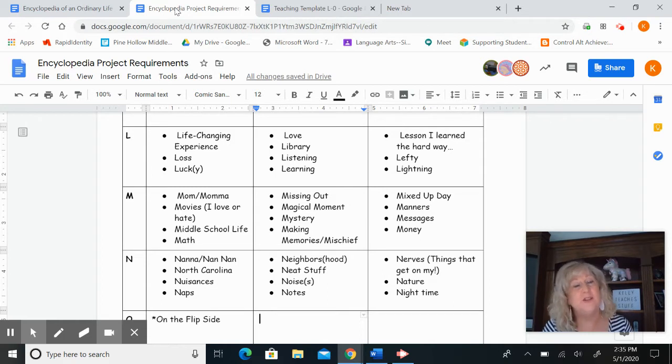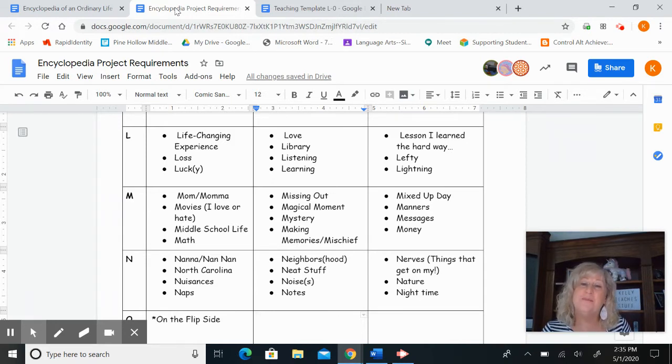The second one is loss. You could talk about loss of a pet or a loved one. Luck or lucky. Love, the library, listening, learning. Maybe you're learning something new right now. I know some of you have started to try some new things since you have a little more free time, and some of your sports have been canceled.